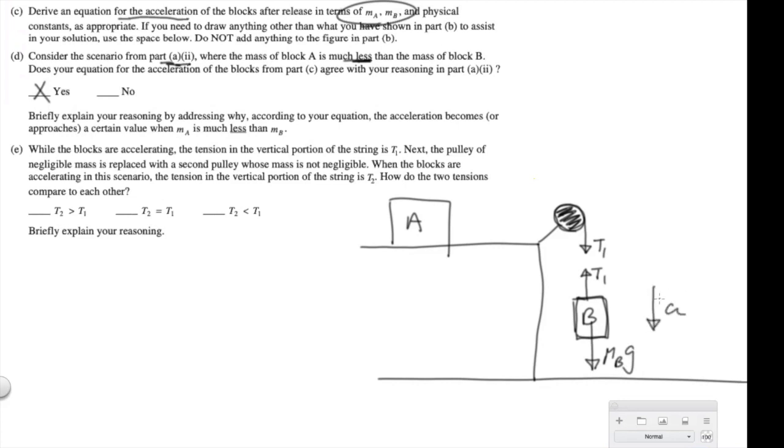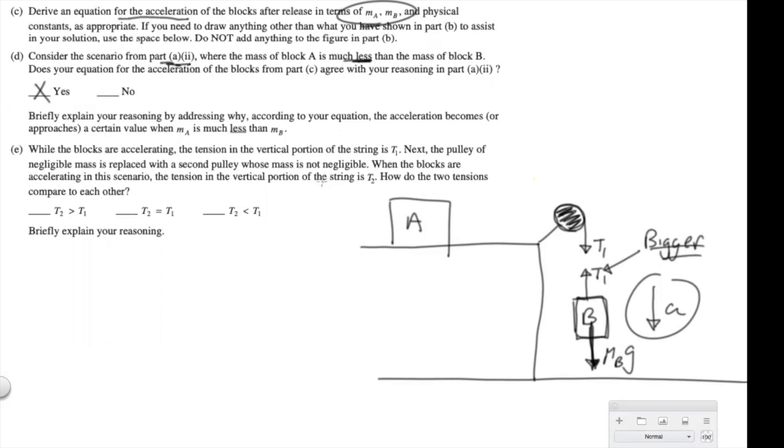If this acceleration is decreasing, but the weight of block B stays the same, the weight of block B did not change, then to decrease this acceleration, the tension must get bigger.